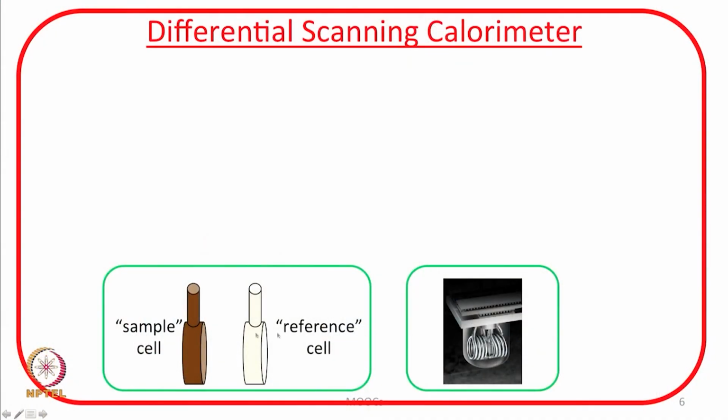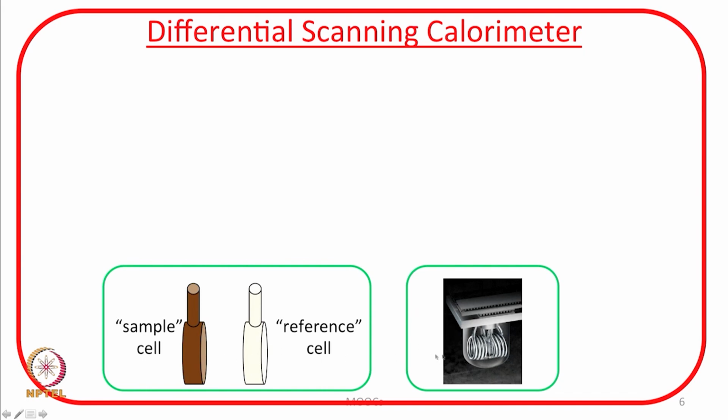Let me first show you the type of cells which are usually used in differential scanning calorimetry or calorimeter, especially for biological systems. Two types of cells are used. This sample cell, reference cell pair is like a lollipop, and the other one is a thin capillary type.